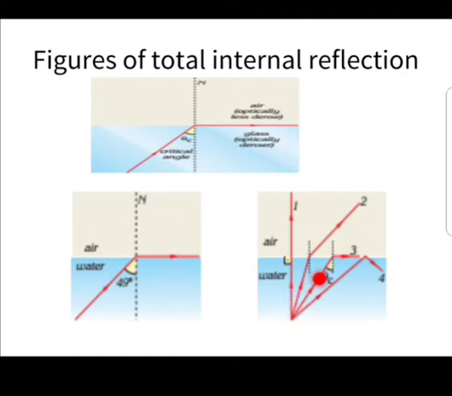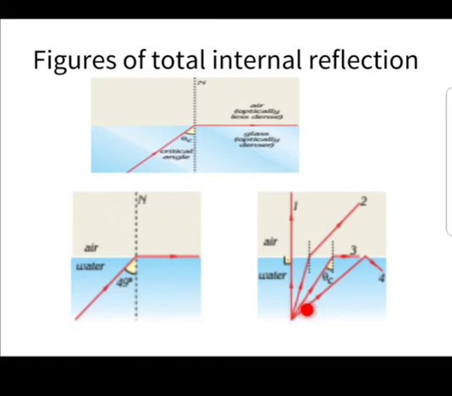The third ray strikes the boundary at an angle equal to the critical angle, which we said is 49 degrees. So what happened in this case? The light cannot pass into the second medium but travels along the surface between the two boundaries, creating an angle of 90 degrees between the normal and this refracted ray.